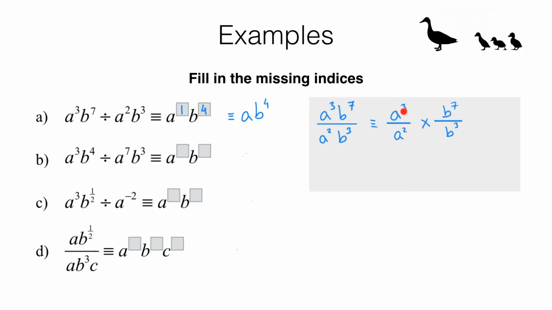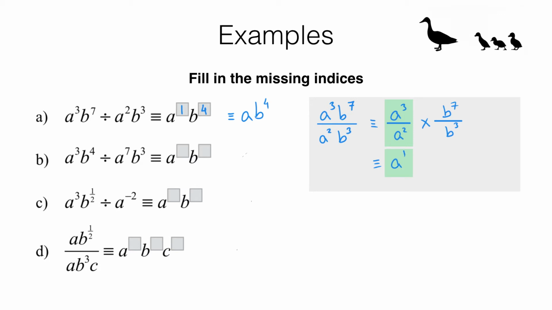Well, we know how to simplify these. What we have here is a power divided by a power where those have the same base. Here, we've got a power divided by a power where they've got the same base. And from the previous video, we should be able to do that. A cubed over a squared is simply going to be a to the power of 1.